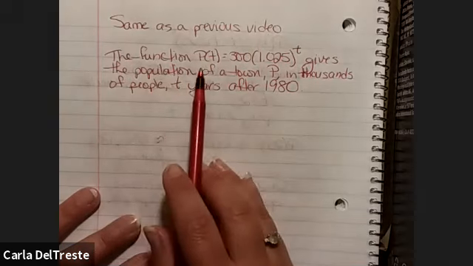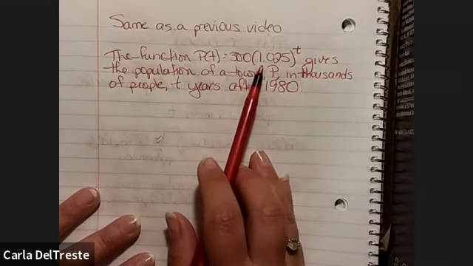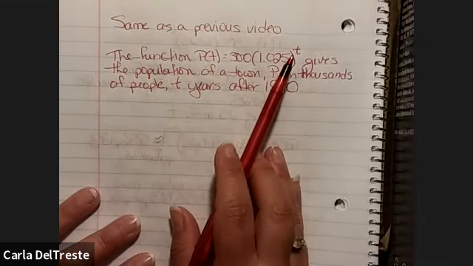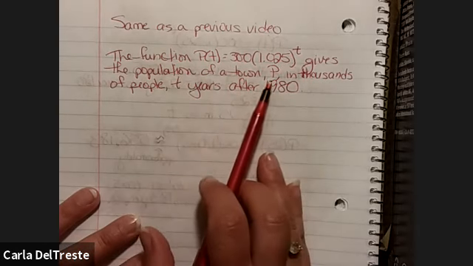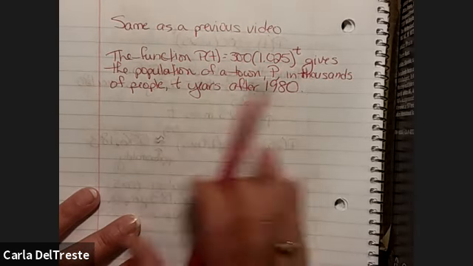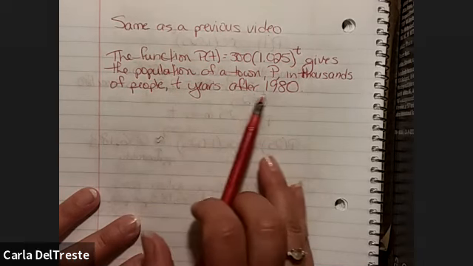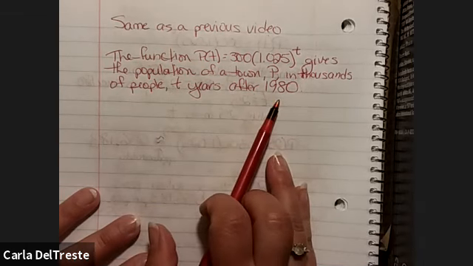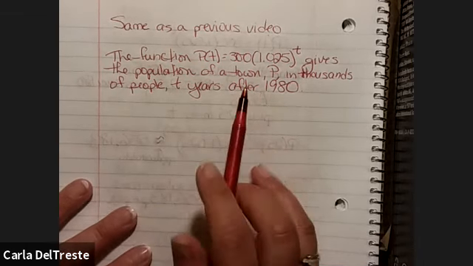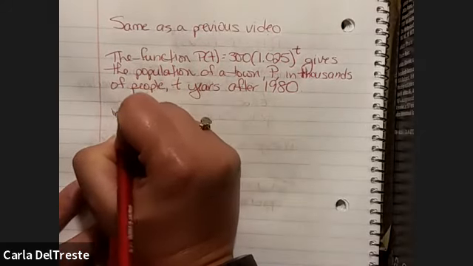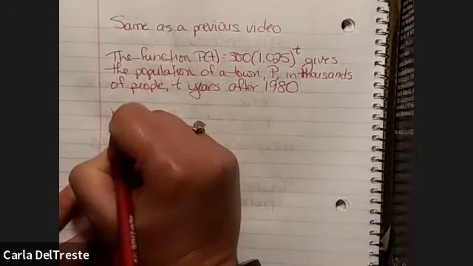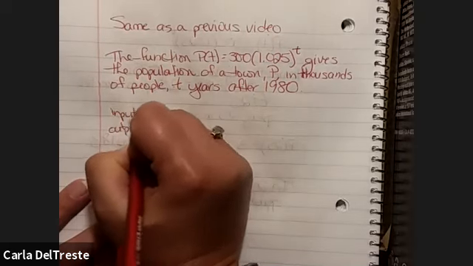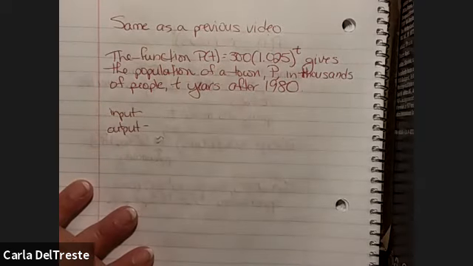The function p of t equals 300 times 1.025 to the t gives the population of a town, P, in thousands of people, t years after 1980. As always, I'm asking you to decide what your input and output are and write them somewhere, okay?